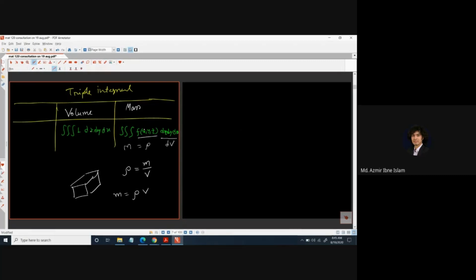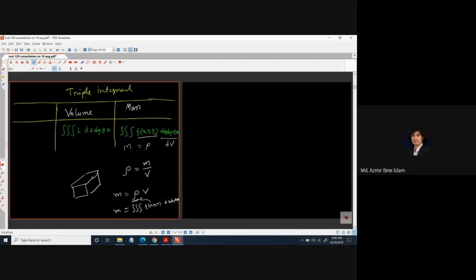Do you understand my point? Yes, sir. That means you have the triple integral, and rho is acting as the function f of x comma y comma z, the density function, and you have the volume dv. Instead of dv, we can write dz dy dx. So you will get the mass of a shape.